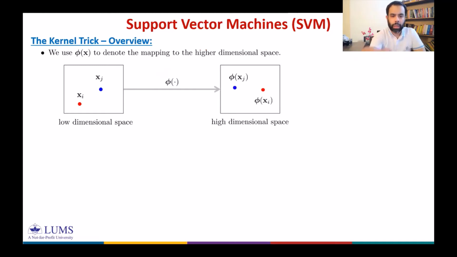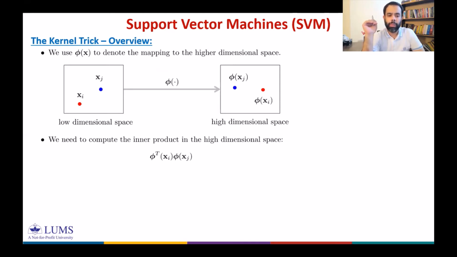Phi of xi and phi of xj are the points in the higher dimensional space. If you want to have a linear classifier in the higher dimensional space, we know that we should have the capability to compute the inner products in the higher dimensional space. So we want to compute the inner products of this type in the higher dimensional space.